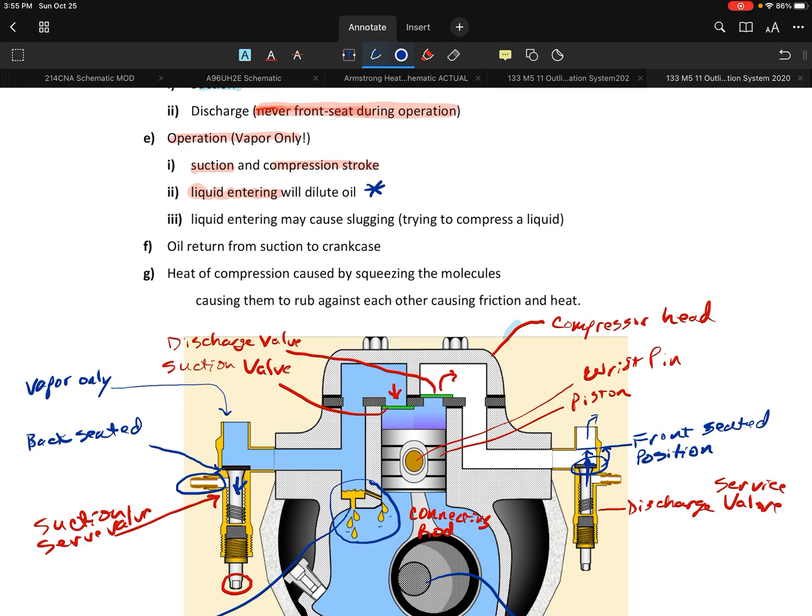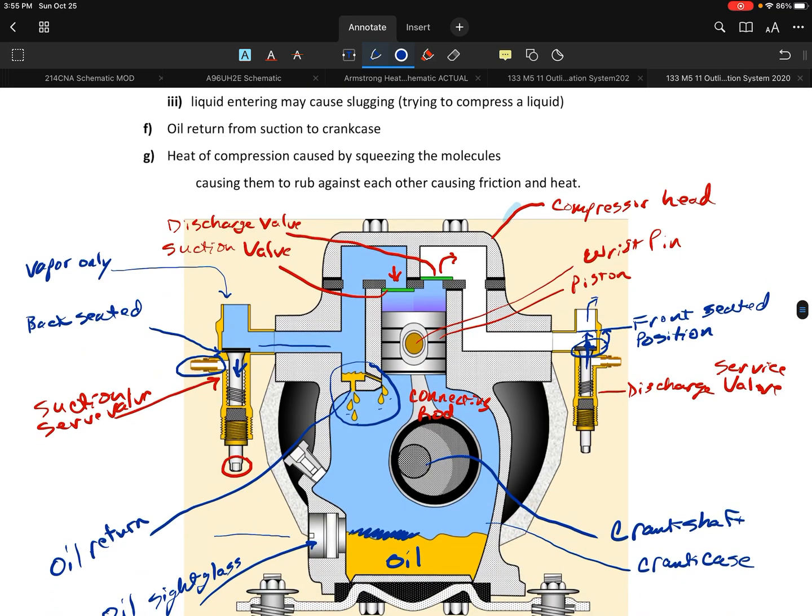If you brought a bunch of liquid refrigerant into that system, the liquid refrigerant would tend to dilute that oil and not make it very good. It would not be a very good lubricant anymore. And that would be kind of a real shame, and it does create damage to the compressor.